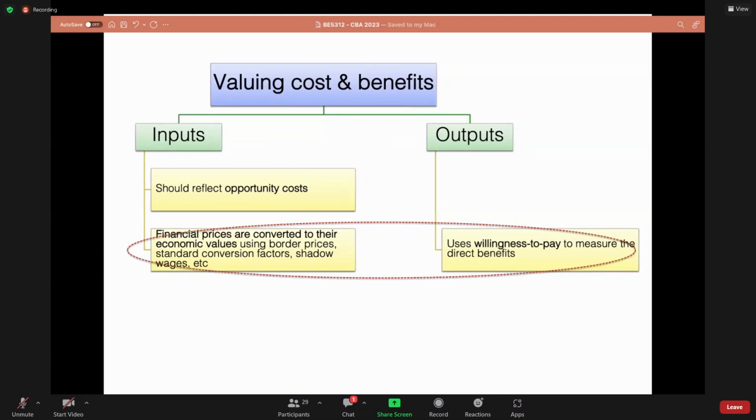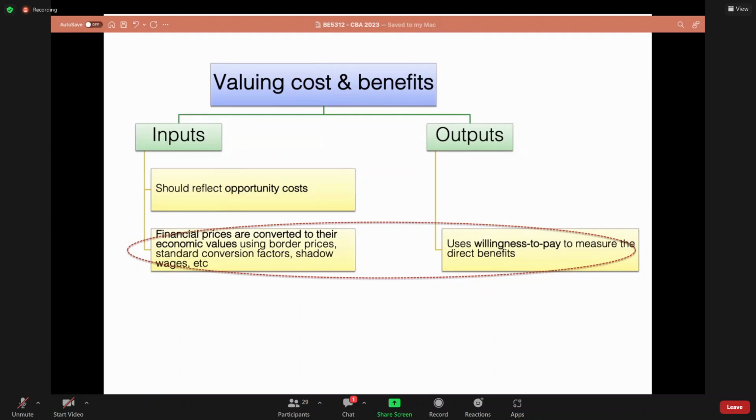So when it comes to pricing these inputs and outputs, getting a value for them, we have to say particularly the inputs. For the land, labor, materials, usually we have the financial or market prices, but they might not reflect the actual true value of that project input, considering the social costs, and any subsidies or taxes that might have distorted the prices.